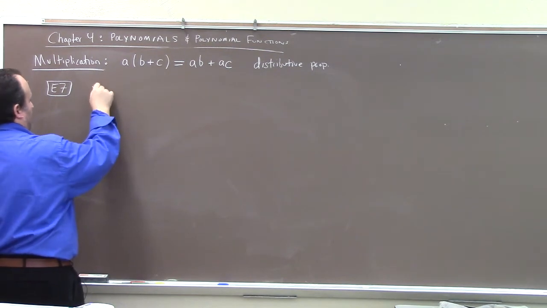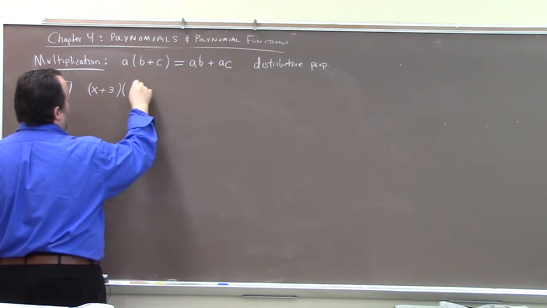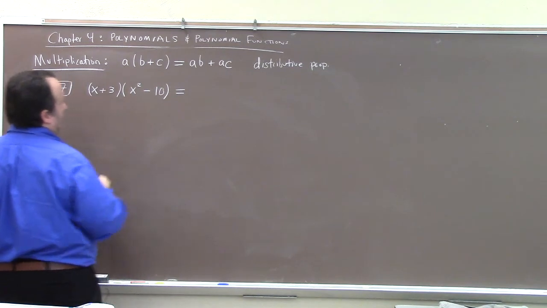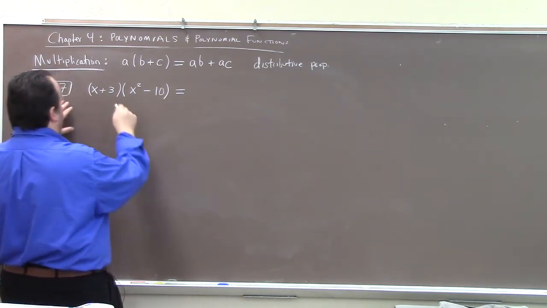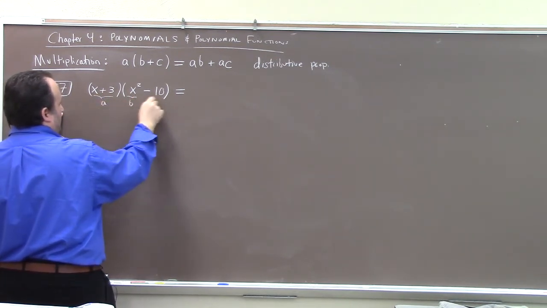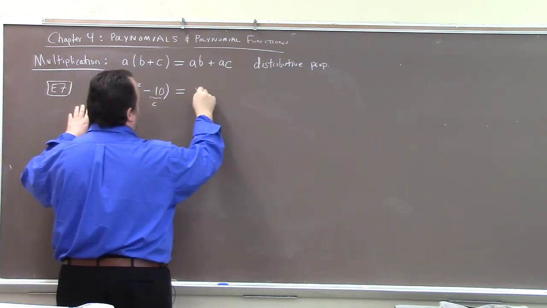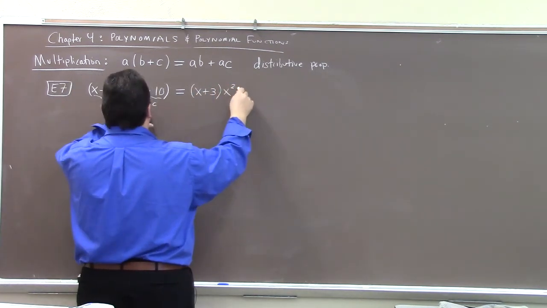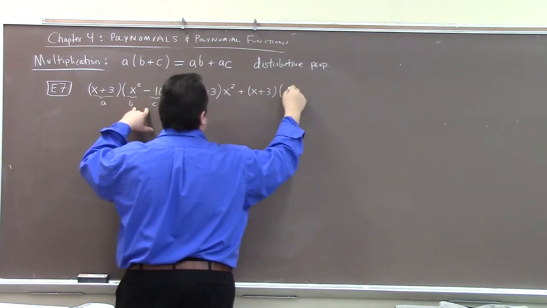Suppose you've got x plus 3 times x squared minus 10. So we want to multiply. I think of this as my a, this as my b, and this as my c. So I've got x plus 3 times x squared plus x plus 3 times minus 10.